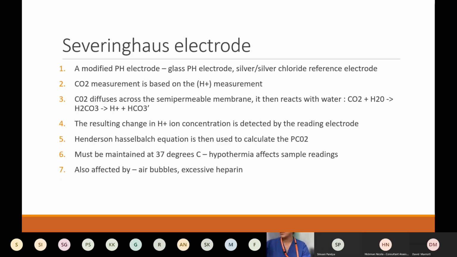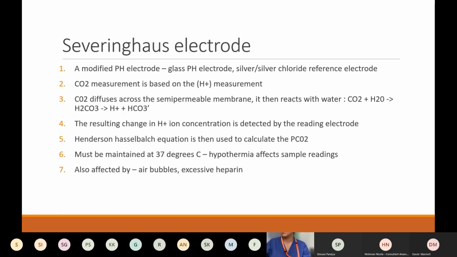So the carbon dioxide diffuses across and undergoes this reaction, and the resulting H+ concentration is detected by the reading electrode and is said to be proportional to the carbon dioxide concentration. And then you use the Henderson-Hasselbalch equation to calculate the PCO2.